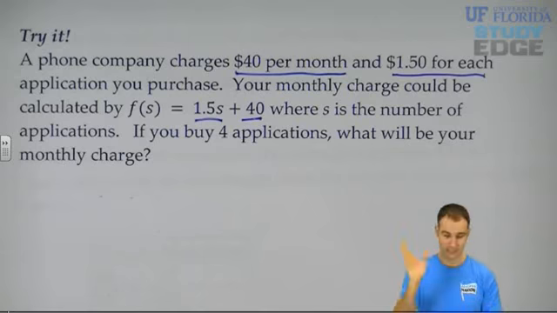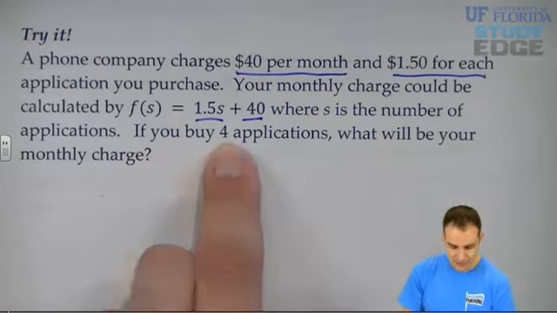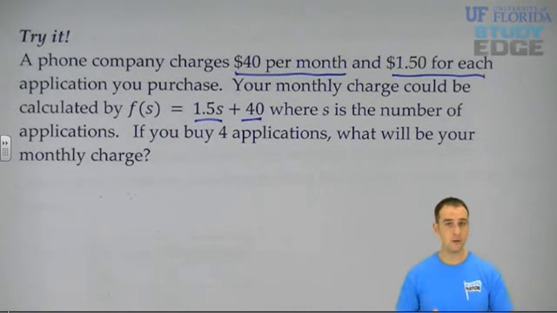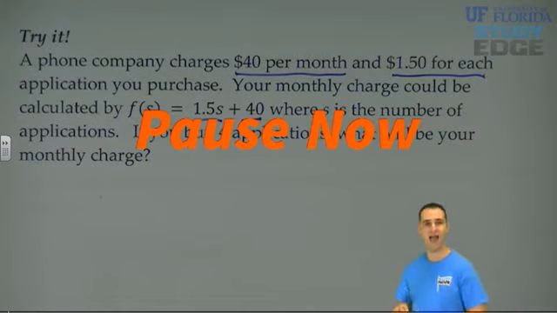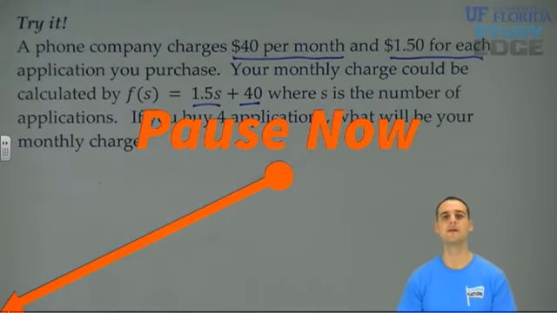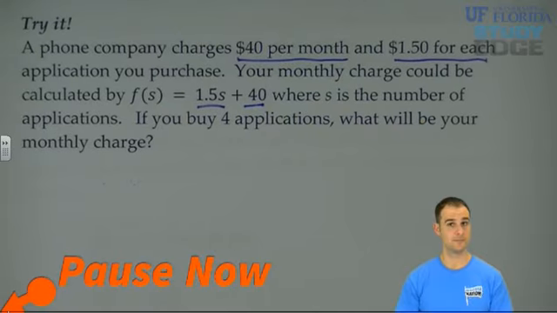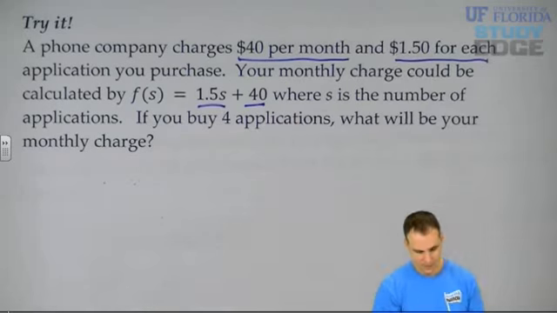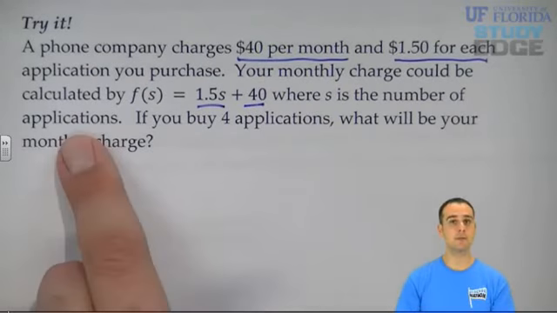Now the question itself is, if you buy 4 applications, what will be your monthly charge? I want you to pause the video. Go ahead, pause now. Give this one a try and see if you can figure this out. Ready? Pause now. S is the number of applications.